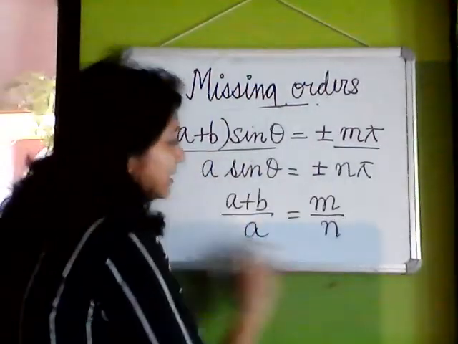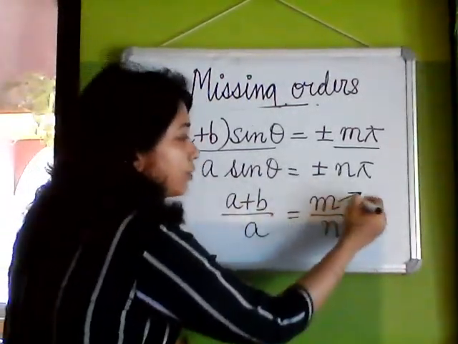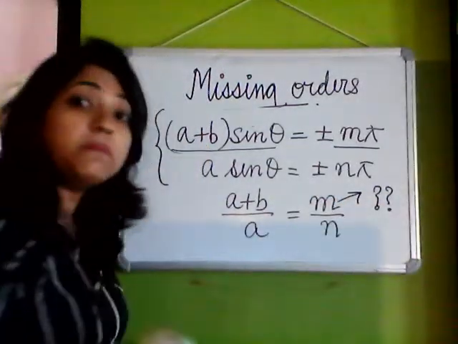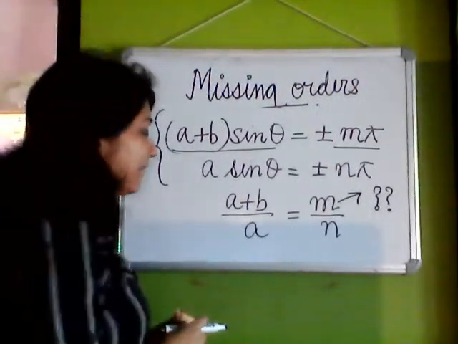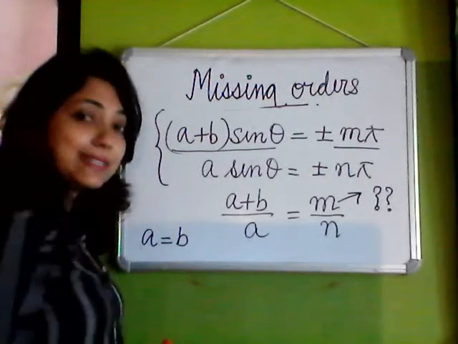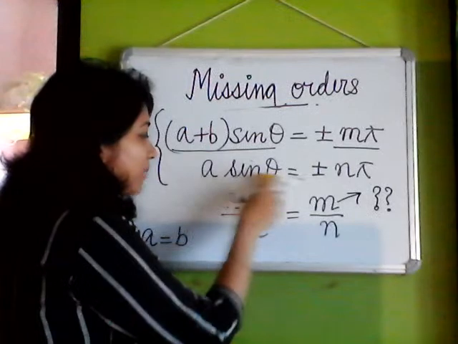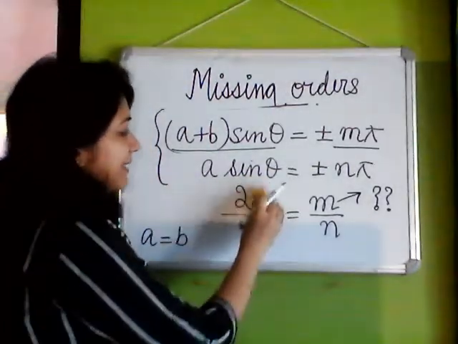So what can we see? If I want to find out which values of m will be missing on the screen, for simplicity, we have considered a situation where the slit width is equal to the slit separation. A is equal to B. So A plus A will give me twice of A, or basically A is getting cancelled.